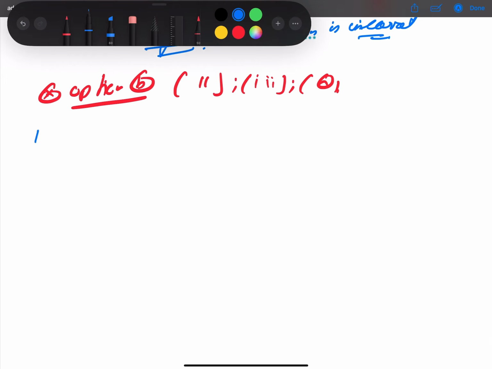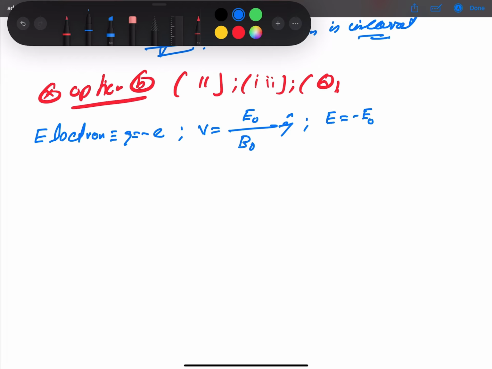So the charge will be minus Q. The velocity V is given as E naught upon B naught y unit vector, the electric field is E naught x unit vector, and the magnetic field is B naught x unit vector.